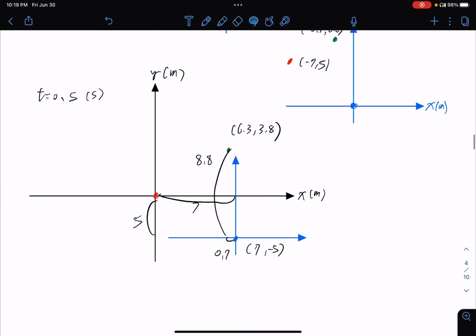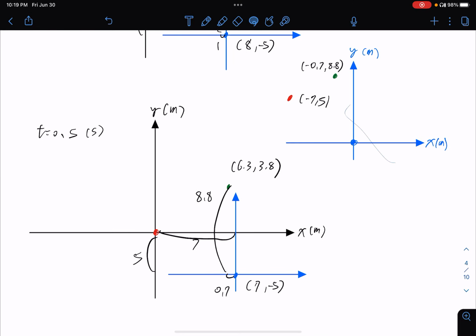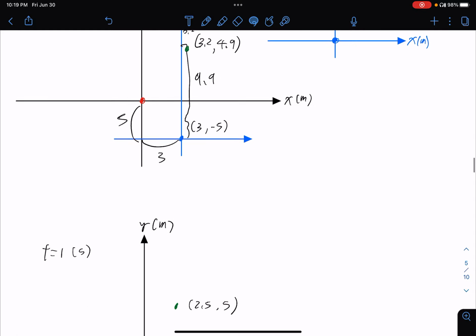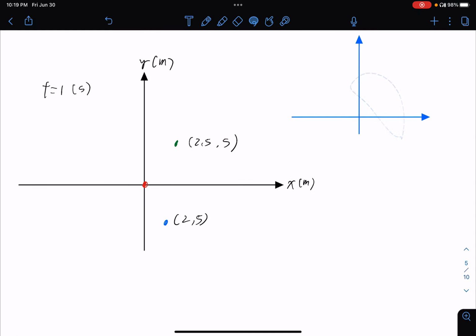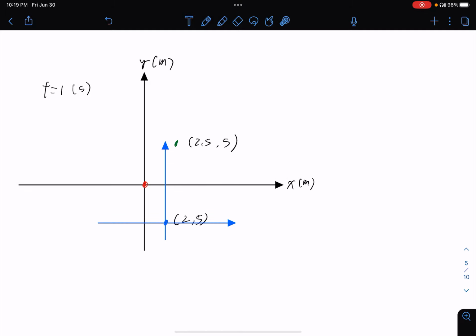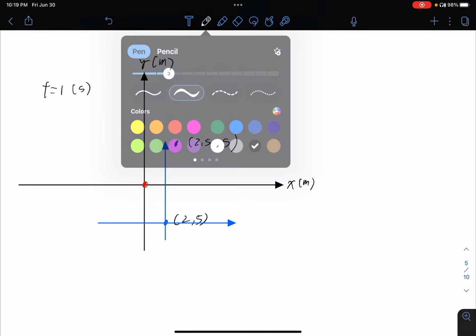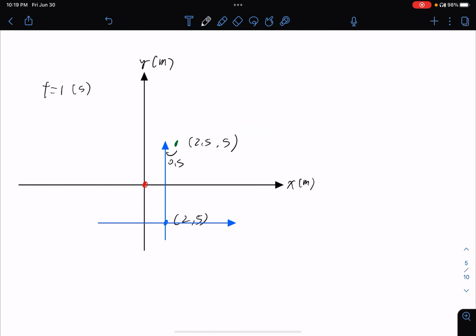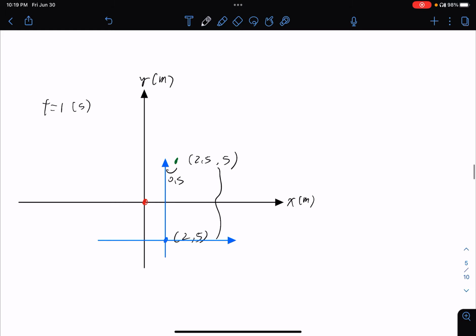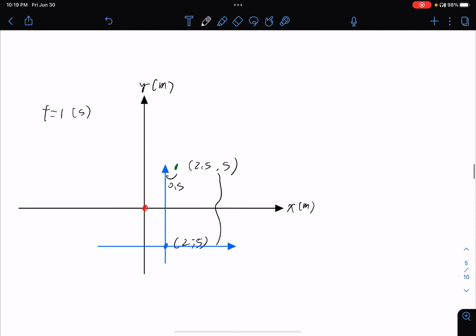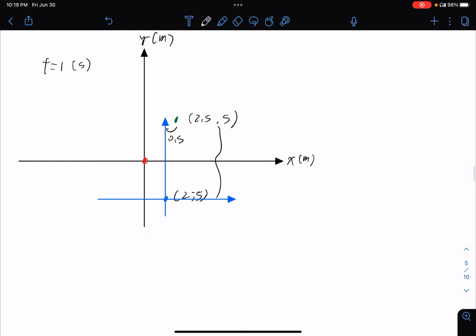Next we have here. So it is from 2 to 2.5, which means the distance here is 0.5. And vertically, it is 5 to, is this negative 5? It should be negative 5, yeah. So 5 to negative 5 is 10.